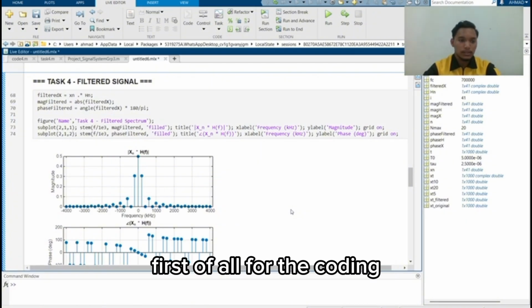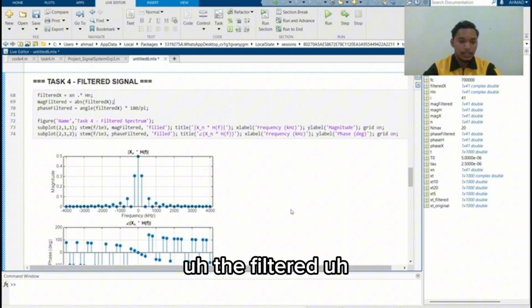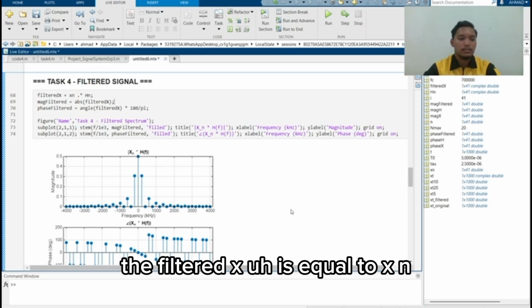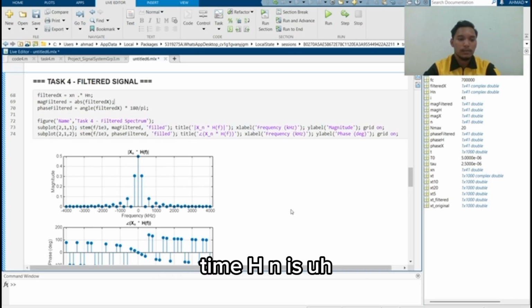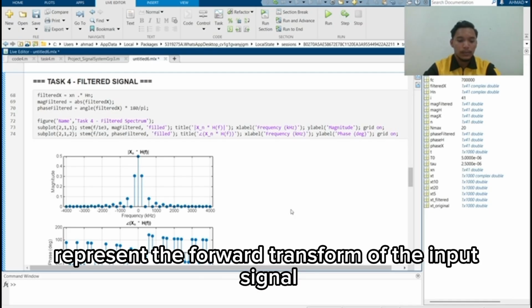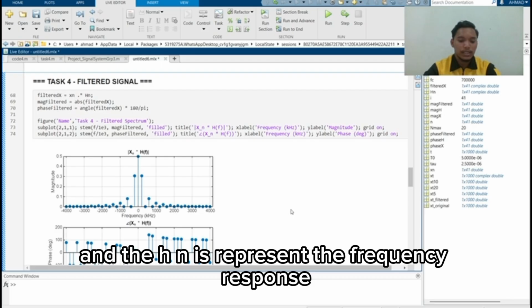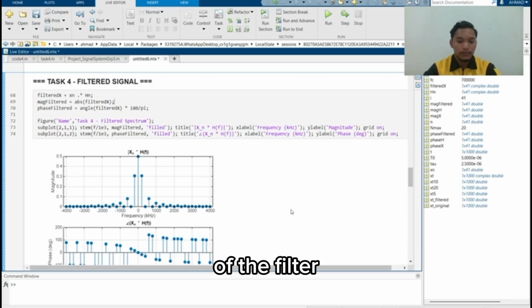So first of all, for the coding, the filtered x is equal to xn times hn. xn represents the Fourier transform of the input signal, and hn represents the frequency response of the filter.